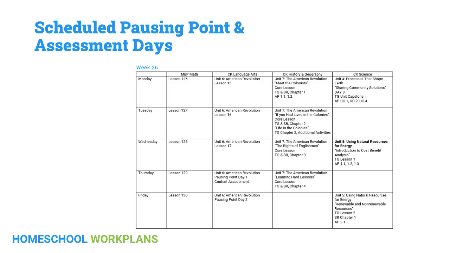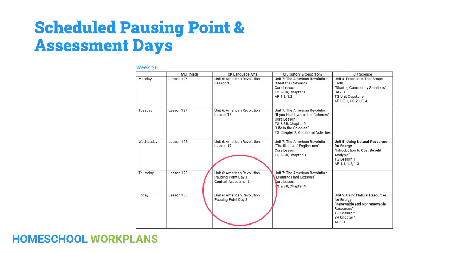Okay. But I wanted to pause here for a second and show you how these pausing point days for the unit are scheduled right here at the end of the unit. So this is just a sample 4th grade daily schedule. This is the page for week 26. And at the beginning of this week, you can see that you'll be finishing up the language arts unit for the American Revolution. And then right after the last unit lesson on Wednesday, the pausing point days start.